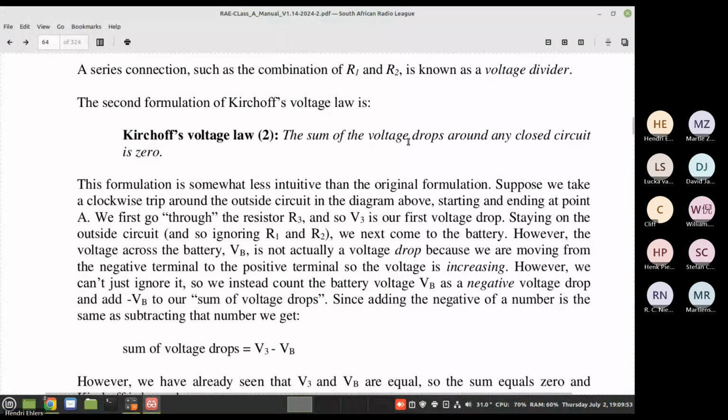But you won't be asked what did Kirchhoff say in his second law. They won't ask the question like that.